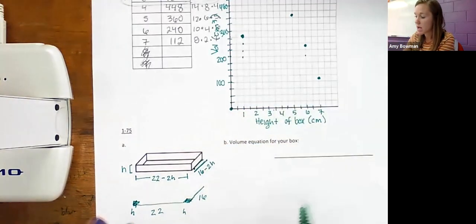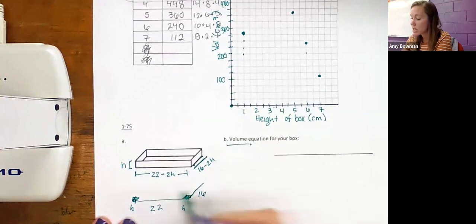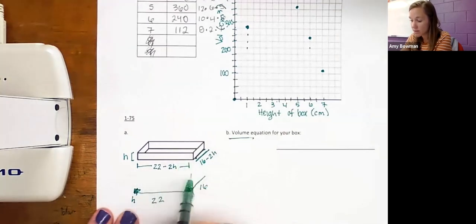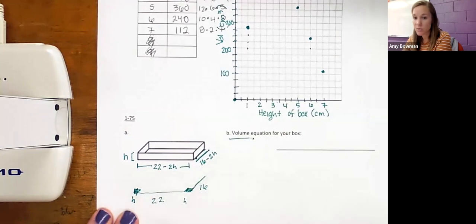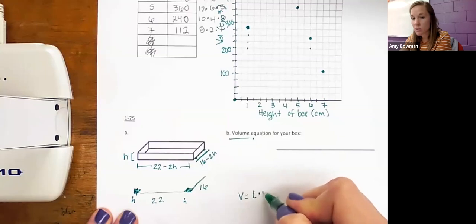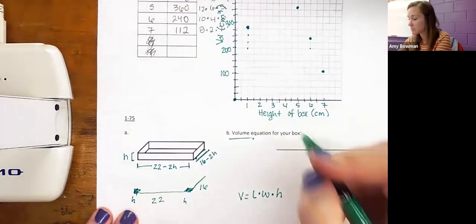So now we can actually write an equation for volume in terms of h itself. I know my height is h. This length here would be 22 minus 2h, and this side would be 16 minus 2h. Since we know volume is length times width times height, we can just multiply each of these expressions together, and then we'll have an expression for the volume of a box for any height.